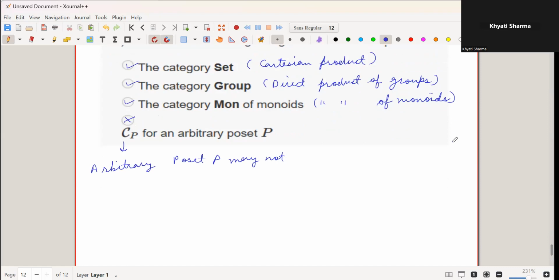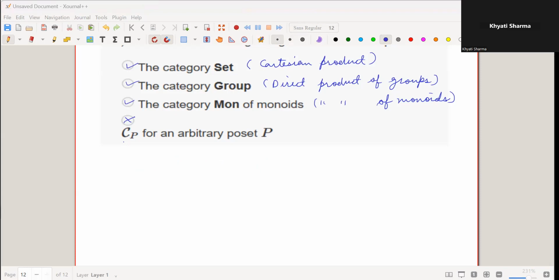So I leave it to you to verify the details. We'll just leave it to you without mentioning anything. We just need to say why it won't have the product.